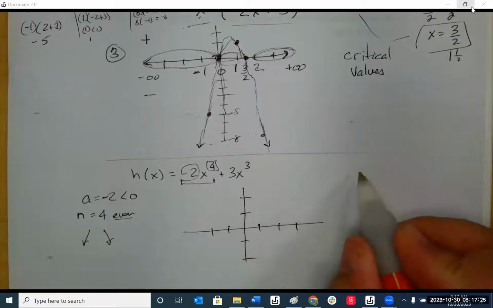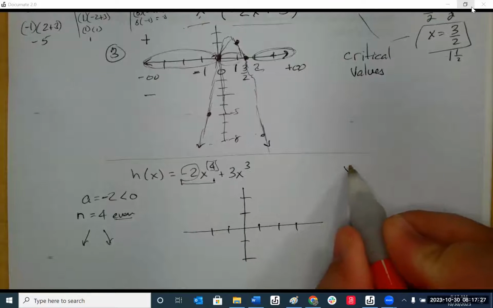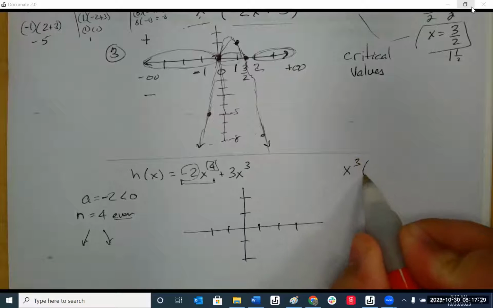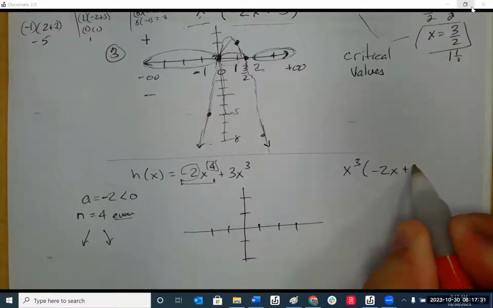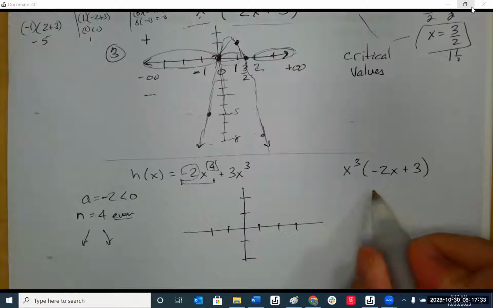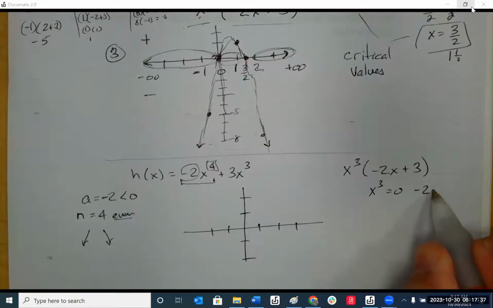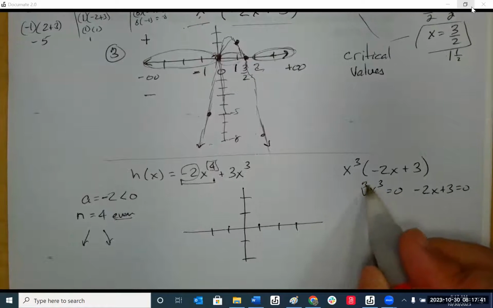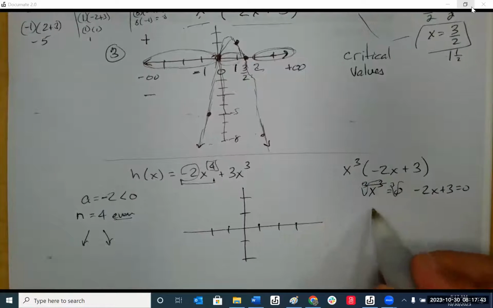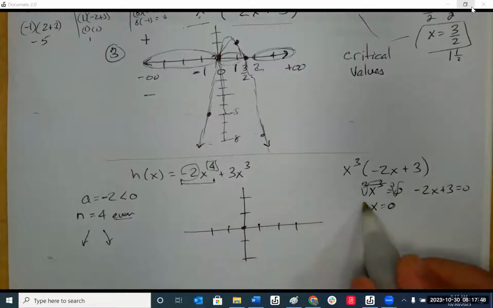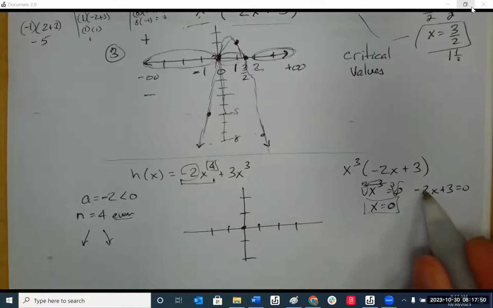So we find the x-intercepts. We factor out the x cubed, which gives us -2x plus 3. Set those both equal to 0. Cube root this one, so x is equal to 0. Three equals 2x.